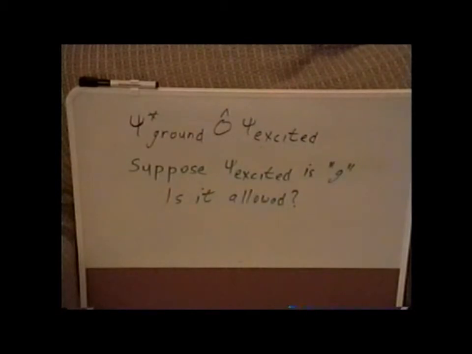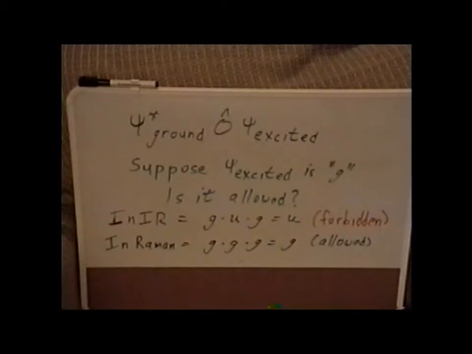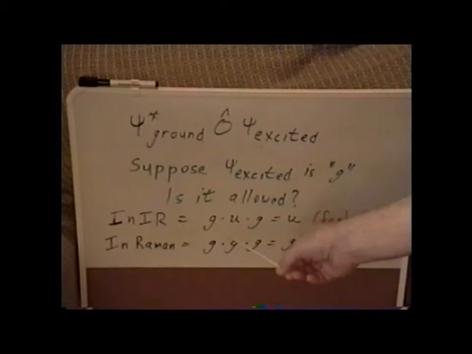If we take the case of infrared, we all know that the ground state is always gerade, so that's no problem. The operator is ungerade, and the excited state we're proposing is gerade. So we have gerade times ungerade times gerade. Gerade times ungerade is ungerade. Ungerade times gerade is ungerade.